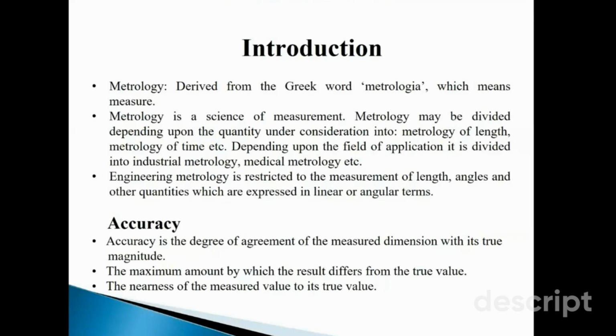In metrology, we have a very important term called accuracy. I think he has already discussed accuracy. Accuracy is the degree of agreement of a measured dimension with its true magnitude. How close you are to the true value gives accuracy. It is calculated in terms of error, the difference between the true value and your observed value.